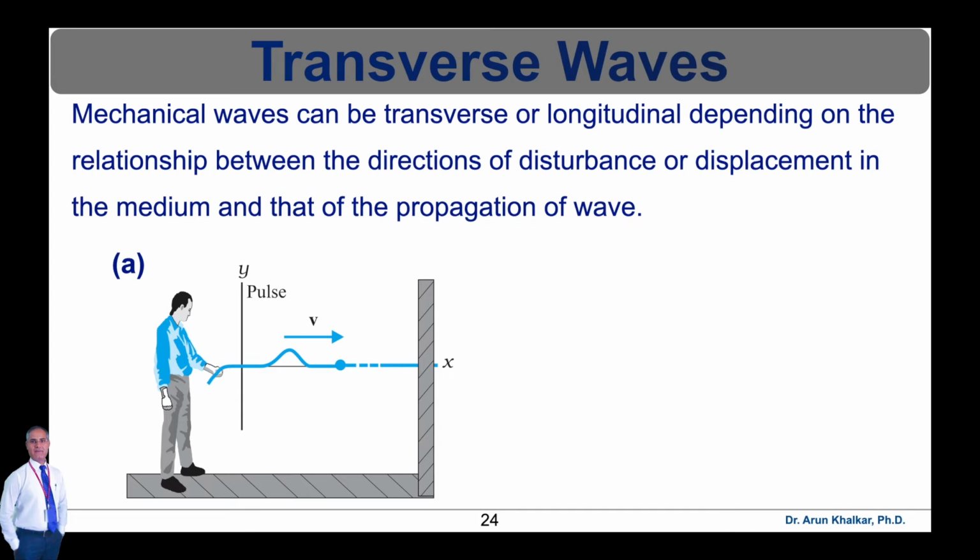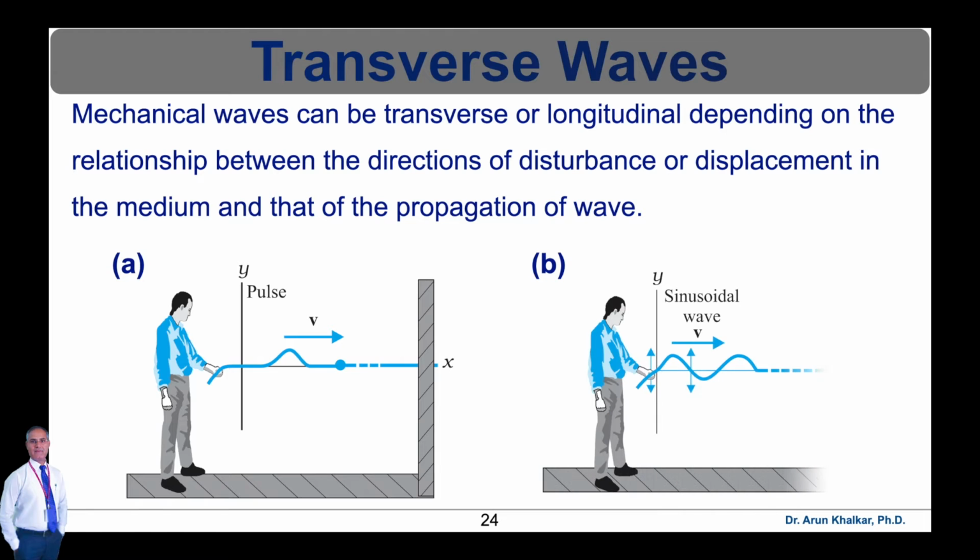If you move your end up and down in a continuous manner, a continuous wave travels along the string with a velocity v. However, if the motion of your hand is a sinusoidal function of time, at any given instant of time, the wave will have a sinusoidal shape as shown in figure B. The wave has the shape of a sine or cosine curve.